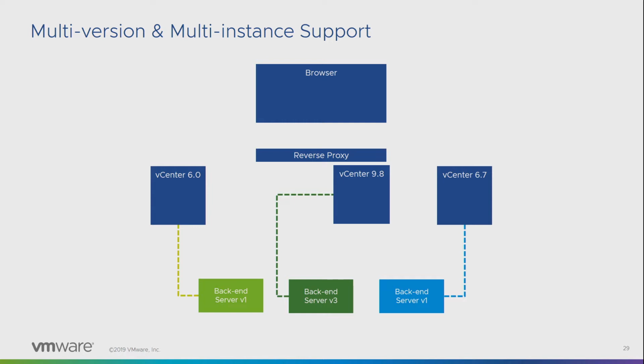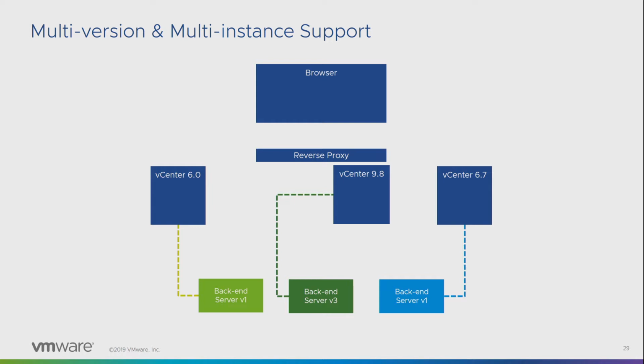You have a vCenter 6.0 on the left, vCenter 6.7 on the right. And in the middle, I'm not announcing a new version of vCenter. This is some imaginary version 5 years from now. So you can guess how many APIs have changed in the course of these versions.